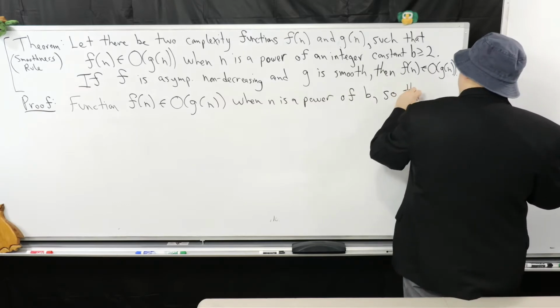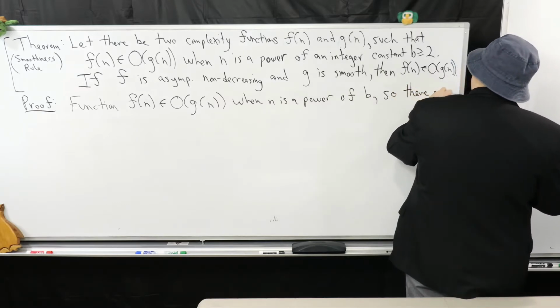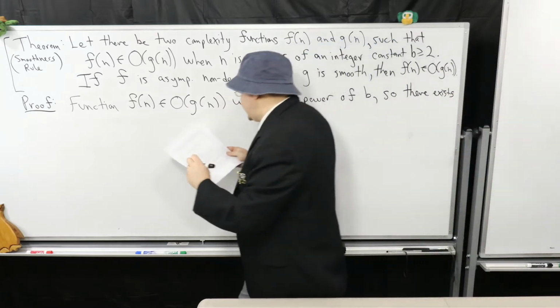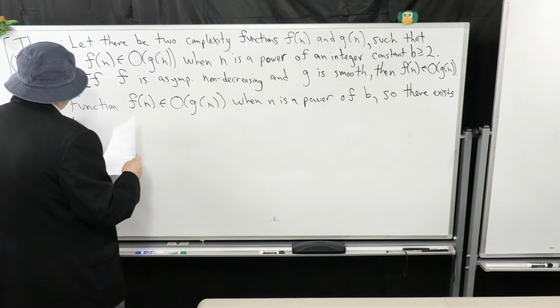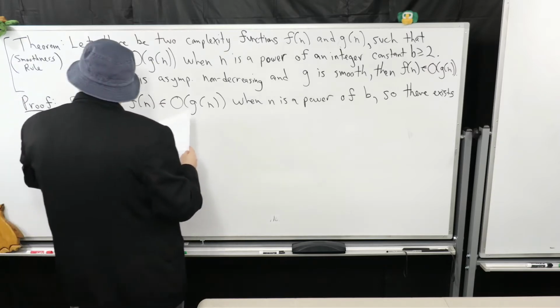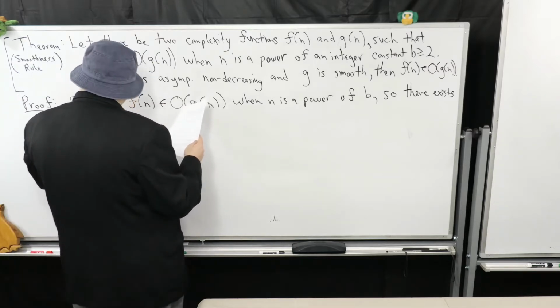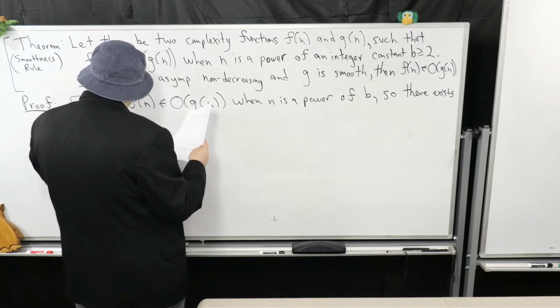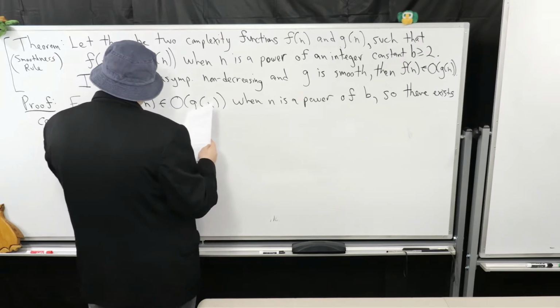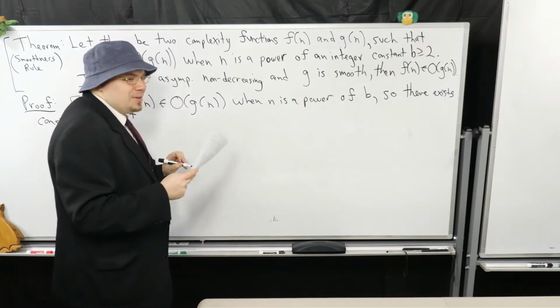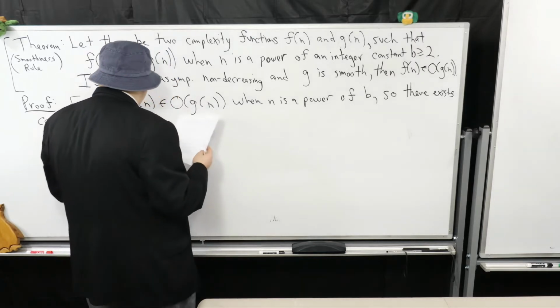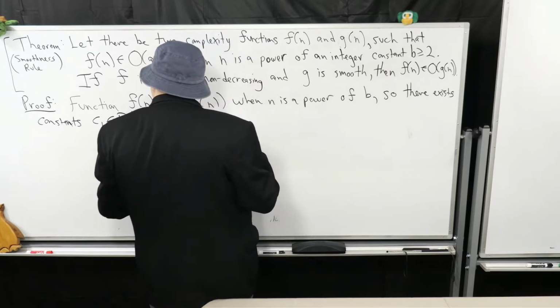So there exist constants, I'll call them c1 and n1. Now, is c a positive integer or a real number? It's a positive real number. Correct.